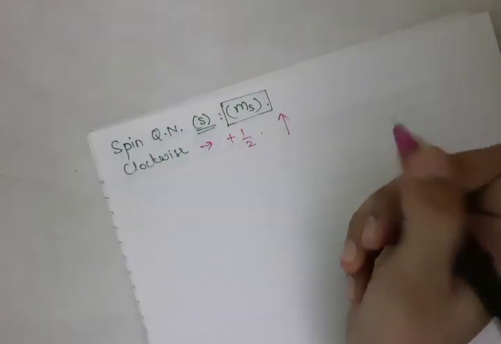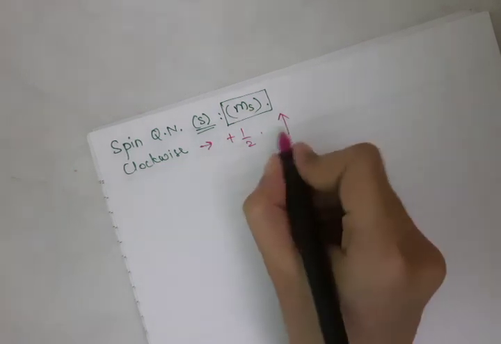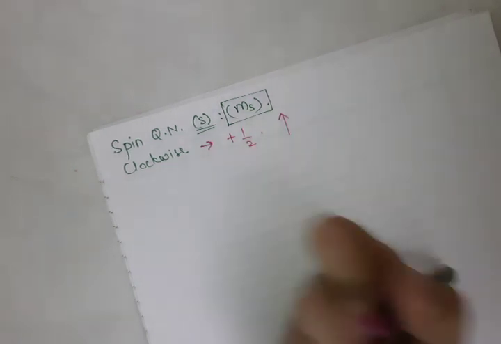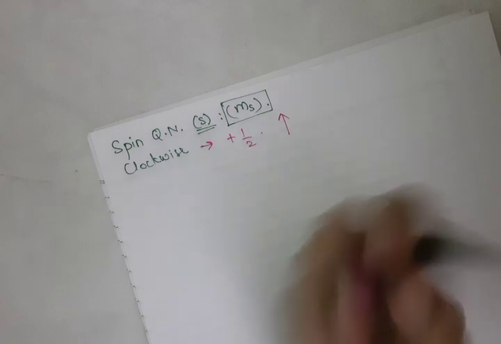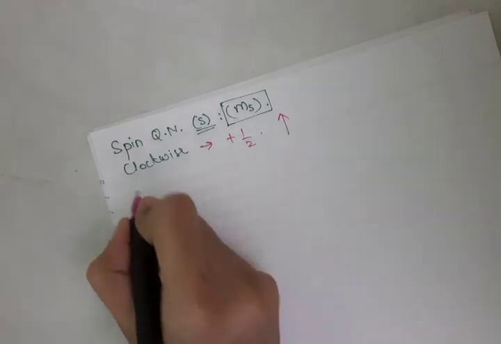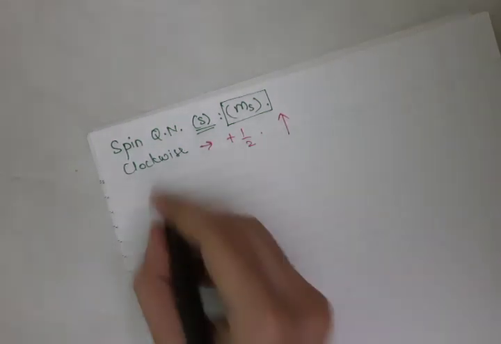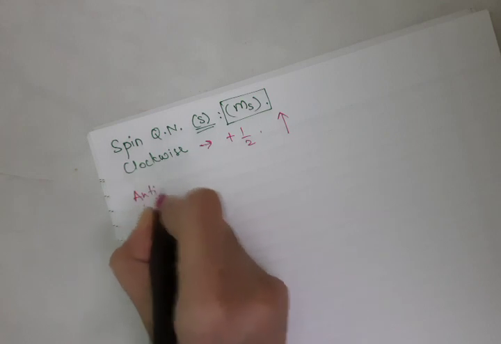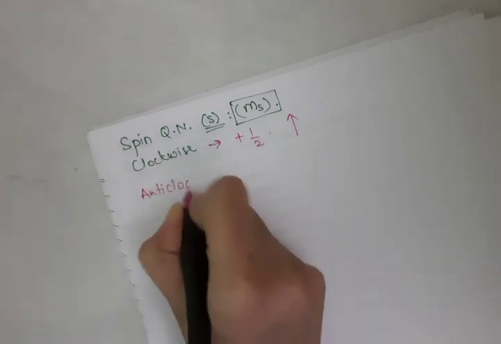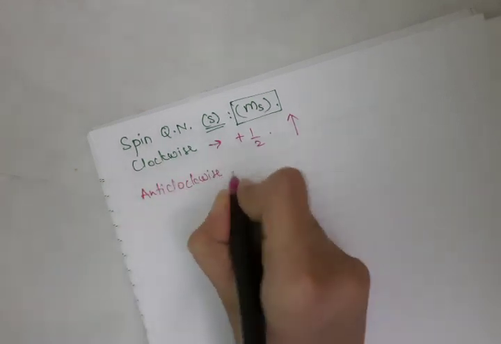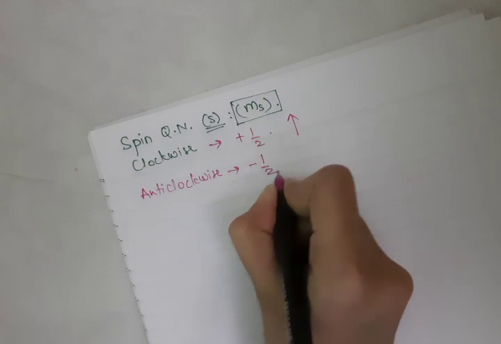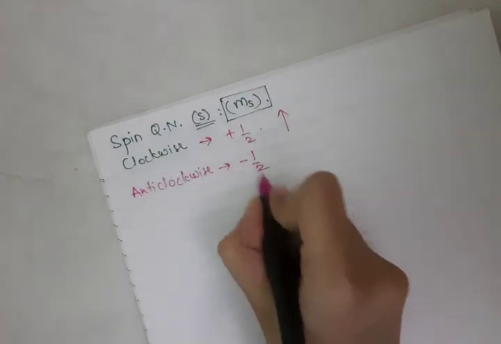Clockwise means upward direction. Clockwise means the electron spins around its own axis clockwise, and the next is anti-clockwise. When the electron spins anti-clockwise around its own axis, it is given by the spin value minus 1 by 2.